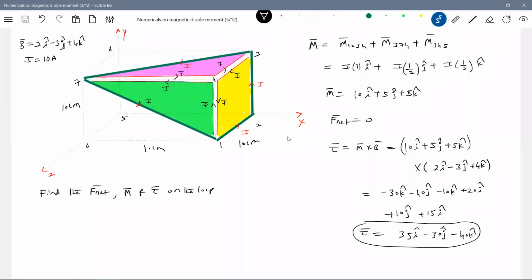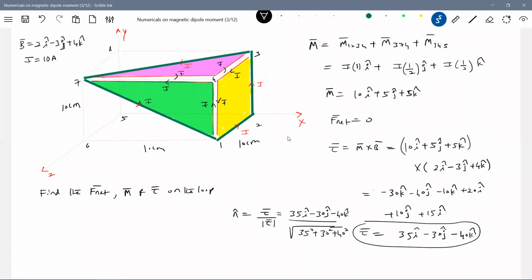So how to calculate the unit vector about which it will rotate? N cap equals tau bar by mod of tau bar. Mod of tau bar will be the square root of 35 square plus 30 square plus 40 square.